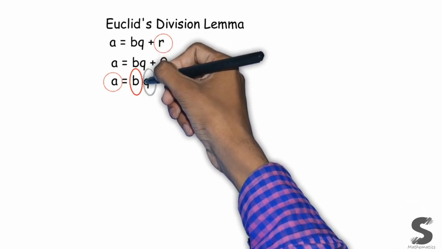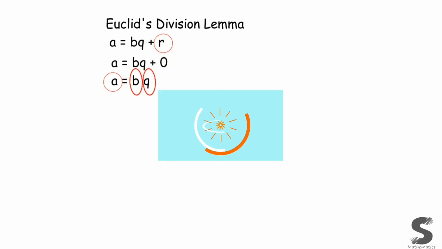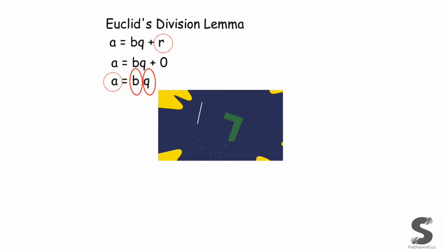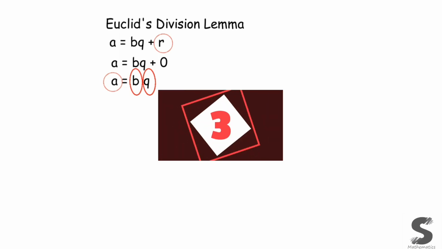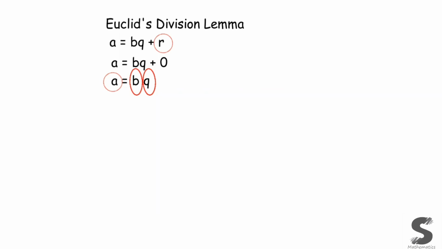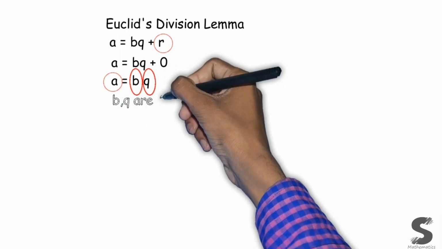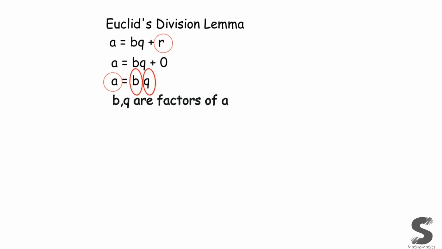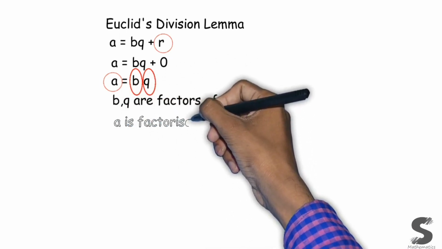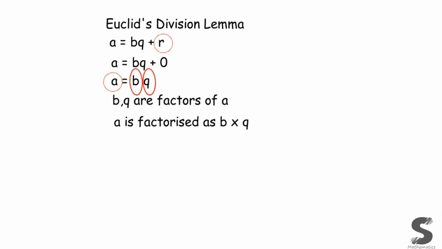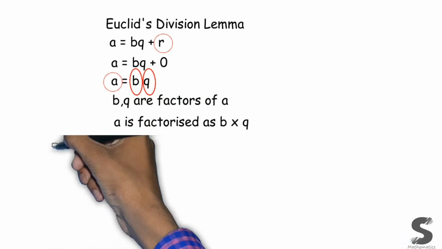What can you say about this A, B, Q? Yes, you're right. Here, B, Q are factors of A. In other words, we can say that A is factorized as B into Q.